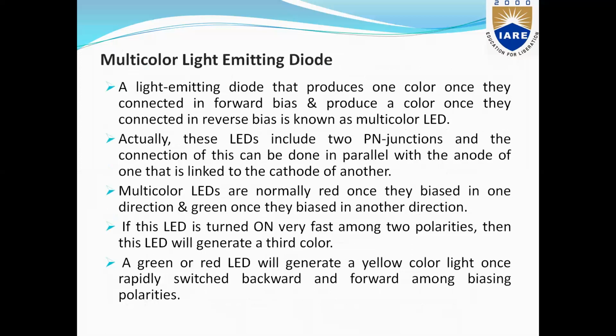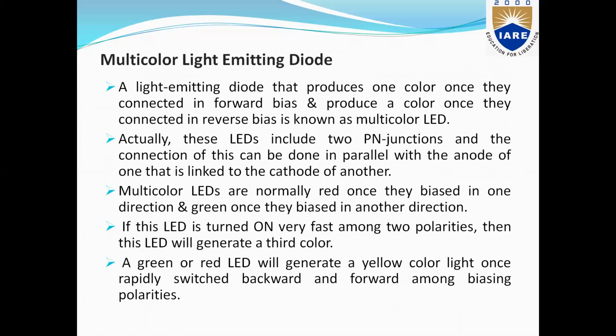Now we will see the multicolor light emitting diode. A light emitting diode that produces one color when connected in forward bias and another color when connected in reverse bias is known as a multicolor LED. Actually, these LEDs include two PN junctions connected in parallel, with the anode of one linked to the cathode of the other.